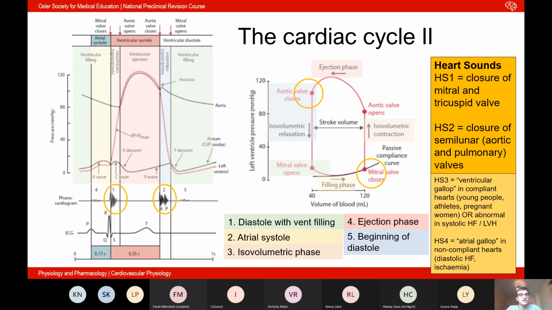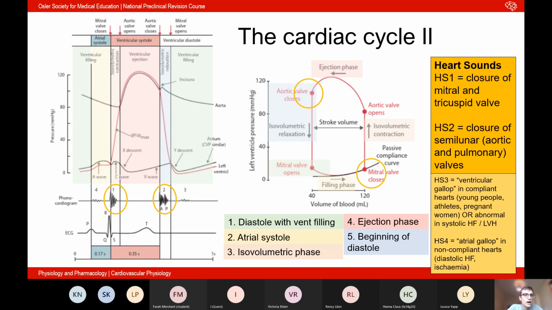Heart sound 4, which happens just before heart sound 1, is less healthy, and this is suggesting that you've got a really stiff heart. For example, you've had a heart attack, so you've got ischemia and scarring, or you've got diastolic heart failure.